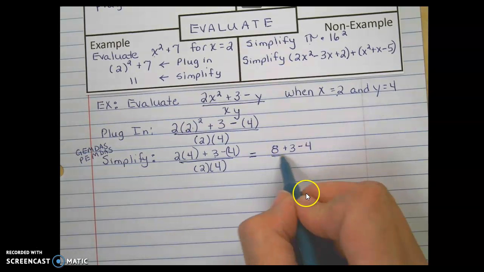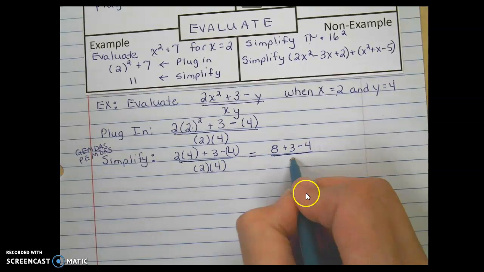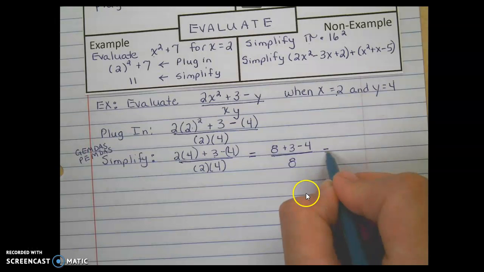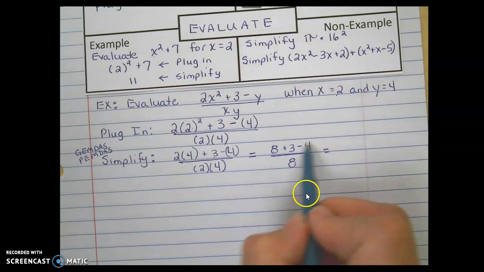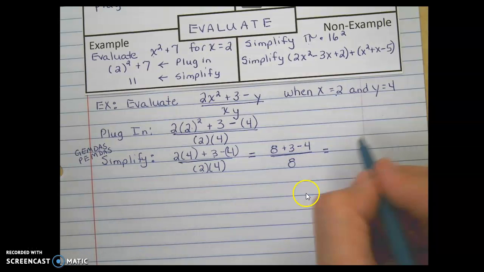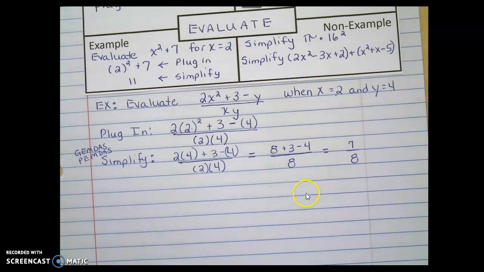And I can do my multiplication in the denominator, 2 times 4, is 8. Now I will add from left to right. I do 8 plus 3 is 11. 11 subtract 4 makes 7. And 8 is already simplified in the denominator.